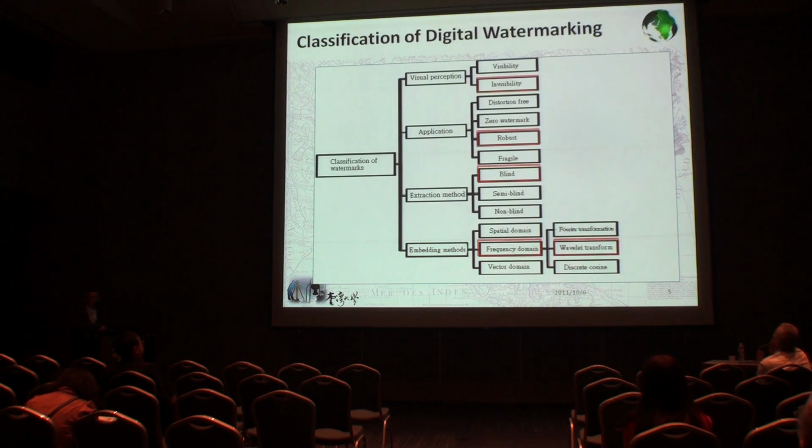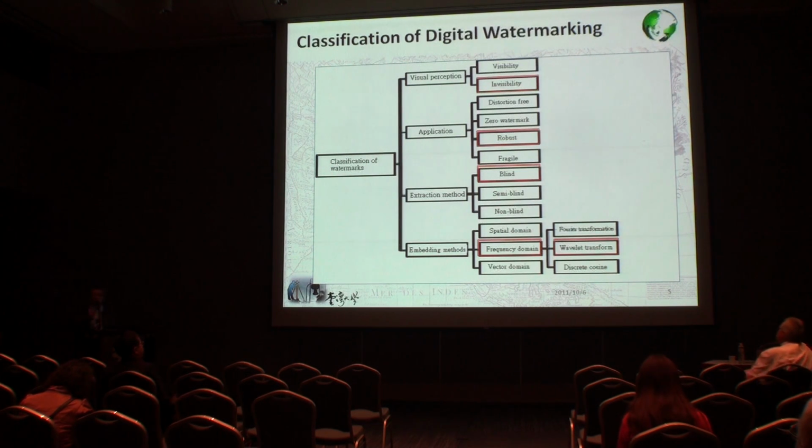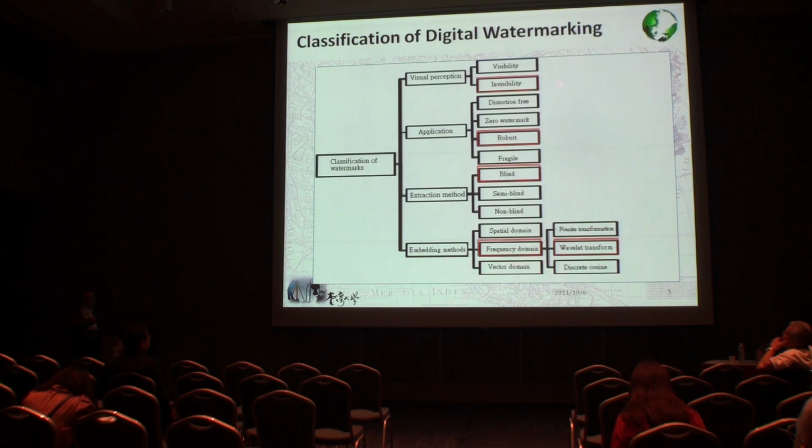Some properties of digital watermarking: for visual perception, the digital watermarking can be divided into visible and invisible. For applications, the watermark should be robust. That is, the digital watermark should not be destroyed after future image processing. And in this study, we are focused on high robustness.